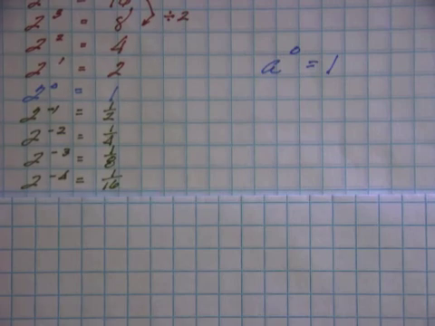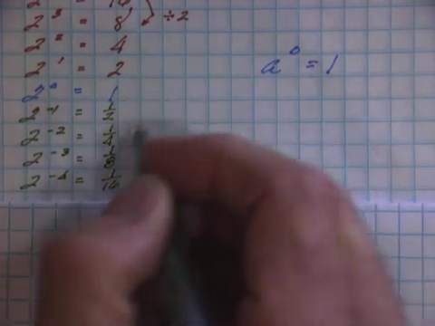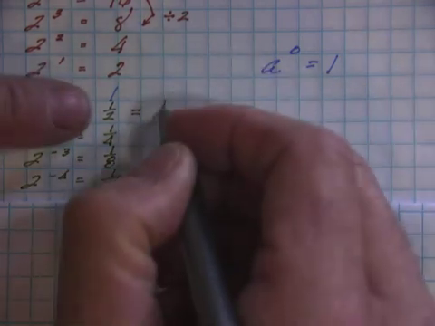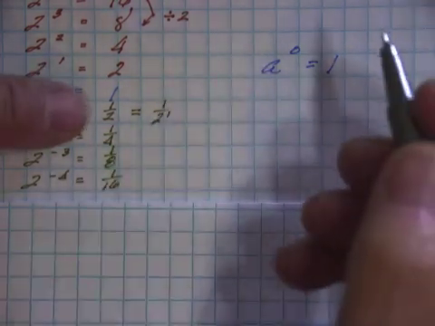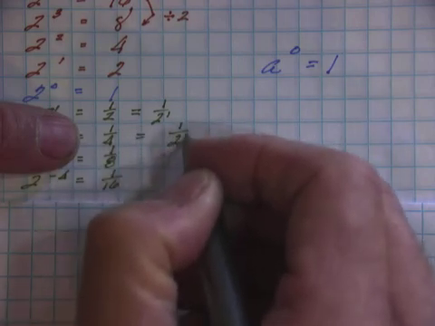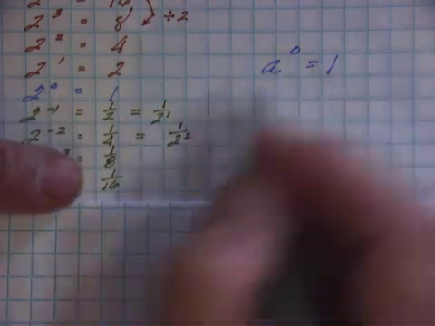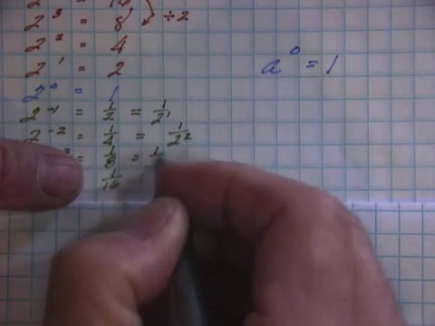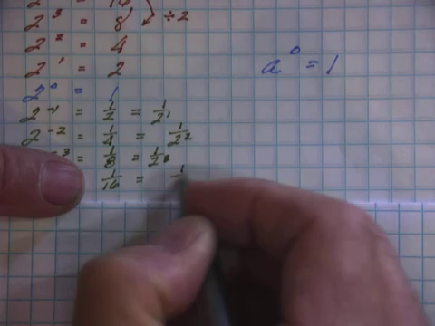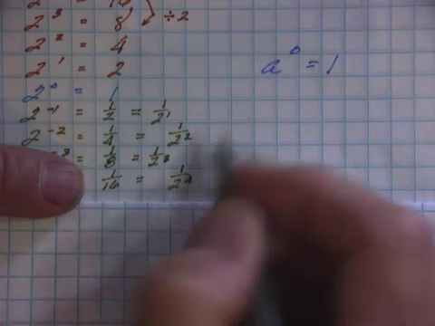Now I want to expand on these exponents a little bit. So I'm going to zoom in. I can rewrite 1 over 2 as 1 over 2 to the first power. I can rewrite 1/4 as 1 over 2 to the second power. I can rewrite 1/8 as 1 over 2 to the third power.